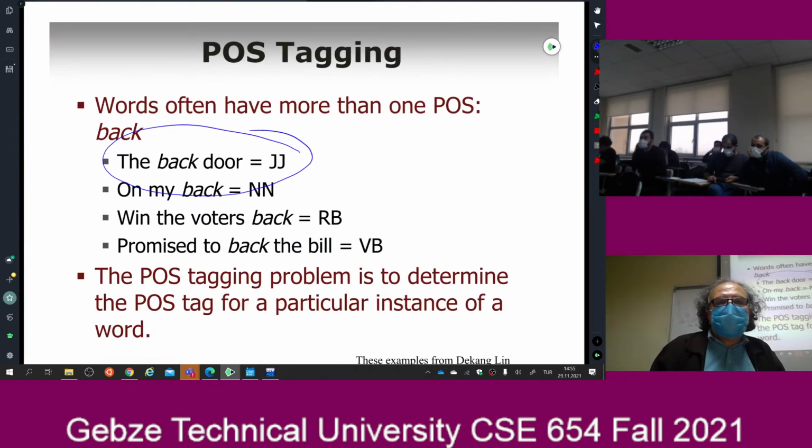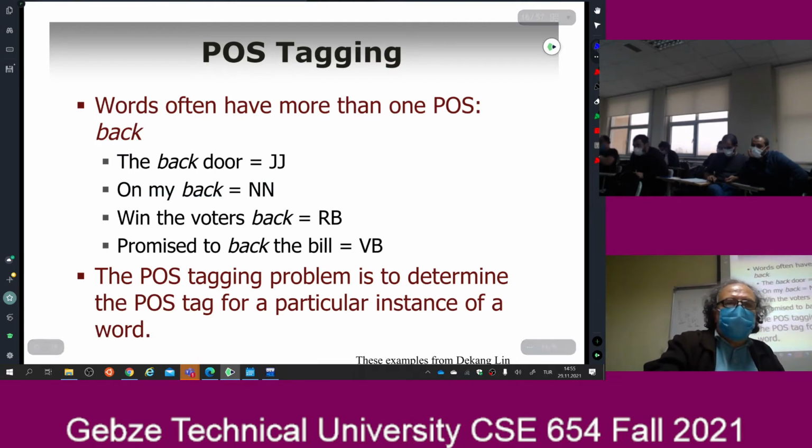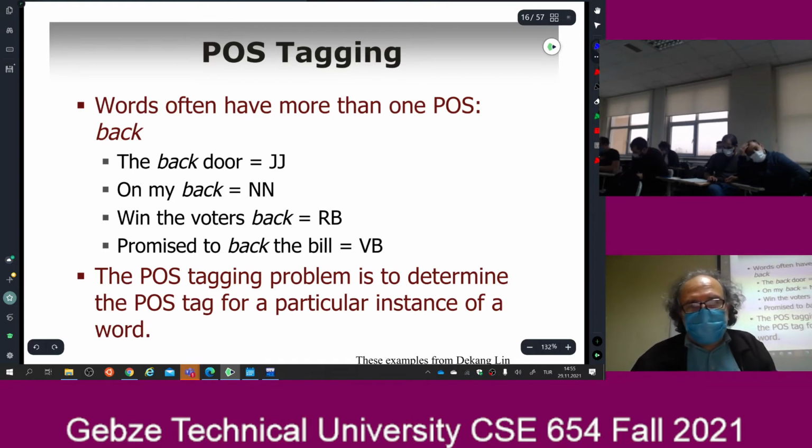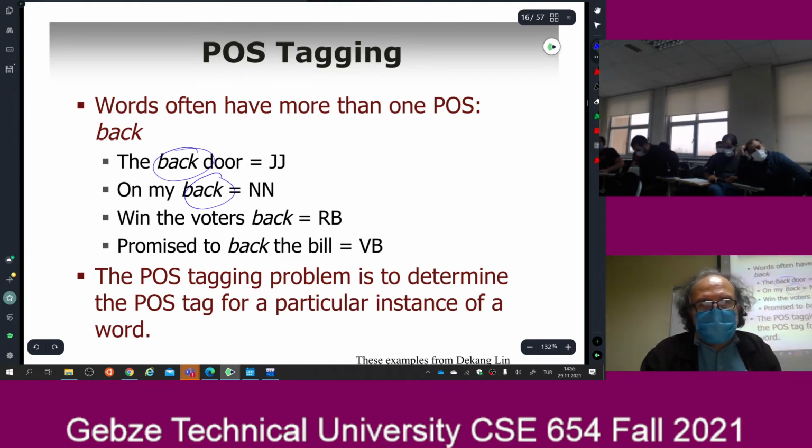Let's look at the ambiguity about back. Back could be adjective, noun, adverb, or verb. The back door: this one modifies door, so it is an adjective. On my back is a noun.